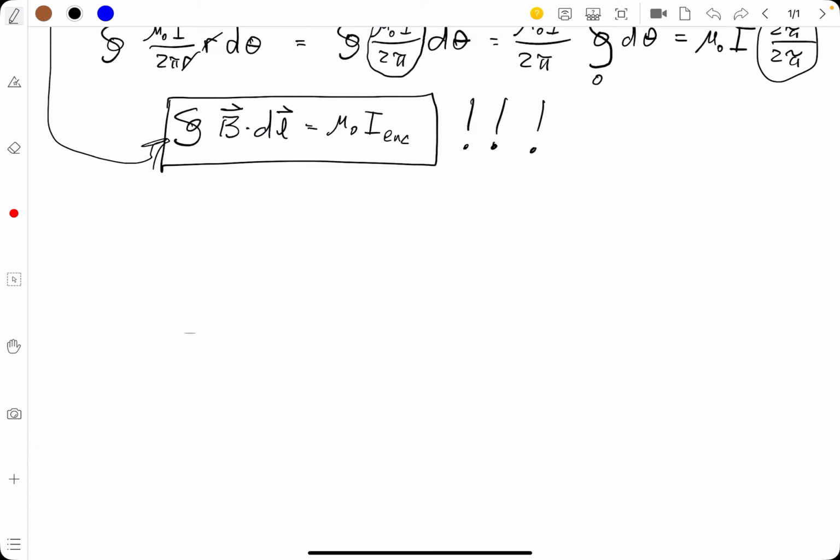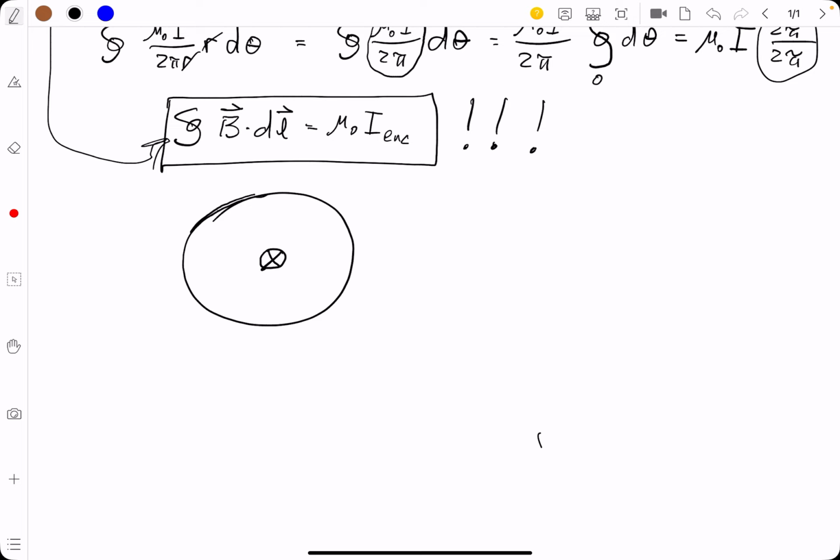Let's get rid of that. Let's see if we can do a better circle. Not quite, but okay, good enough. So here we've got, I don't want to do that either. I always like drawing the current into the page for some reason.